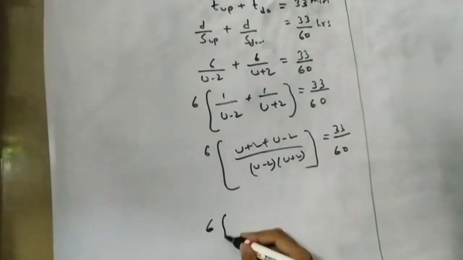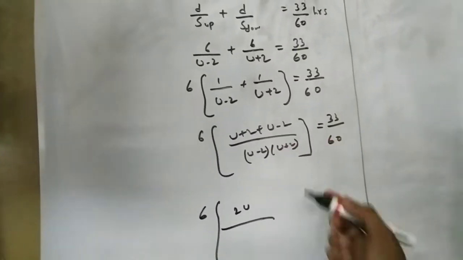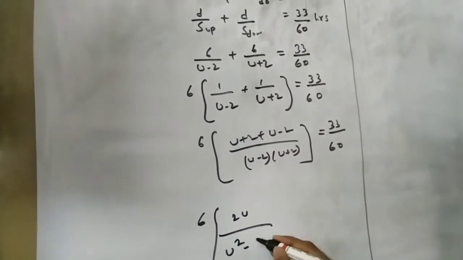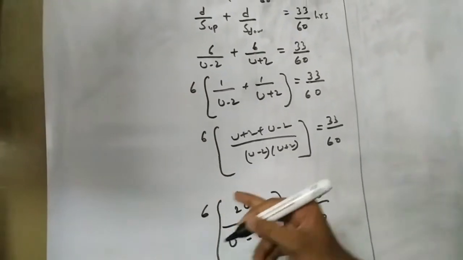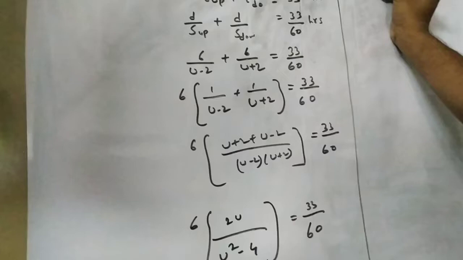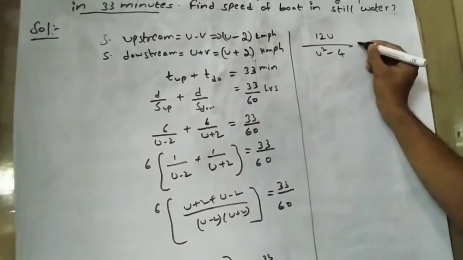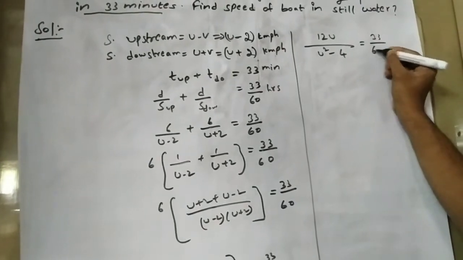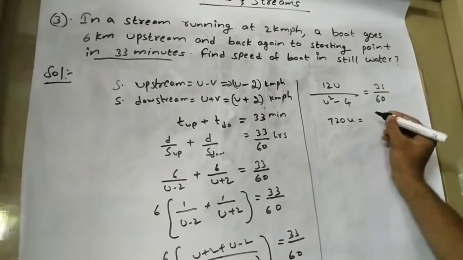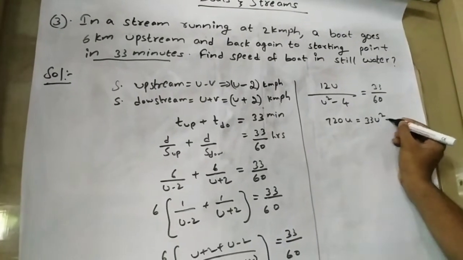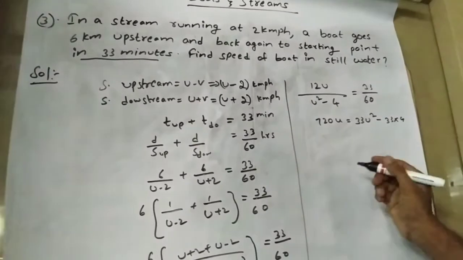We know that (a plus b)(a minus b) is a square minus b square, so that is u square minus 4. So 6 into 2u, that is 12u, by u square minus 4 is equal to 33 by 60. Cross multiplying, 60 into 12 is 720u is equal to 33 into (u square minus 4).